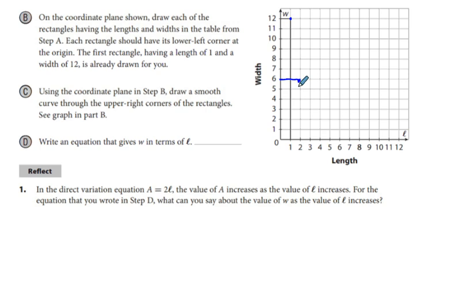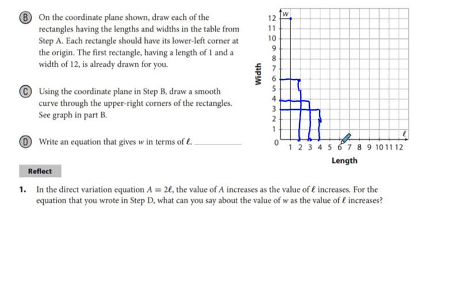So let's draw the rectangle. Here's the rectangle associated with length of 2, width of 6. Next we have length of 3, width of 4. So this rectangle right here. Next we have length of 4, width of 3. So here's this rectangle.